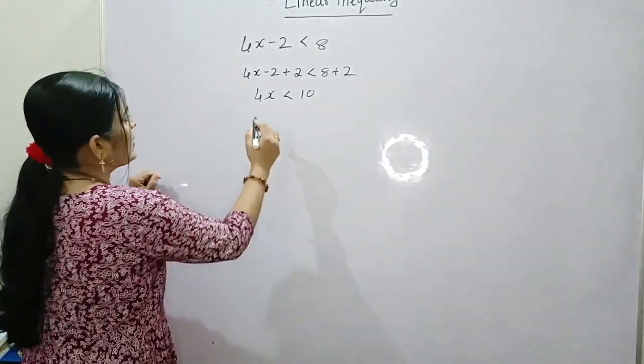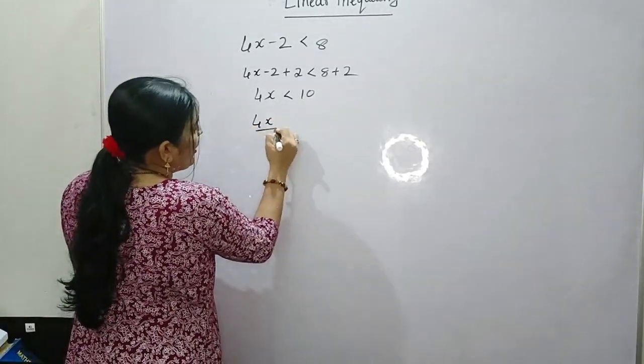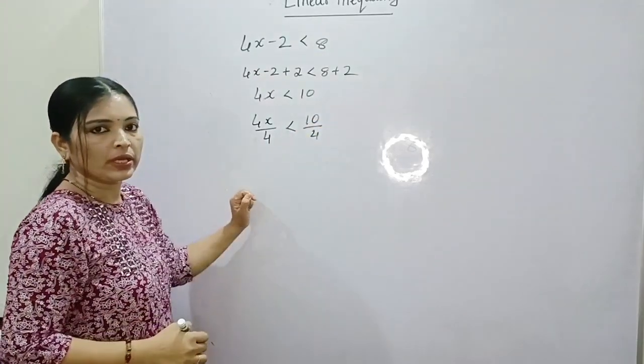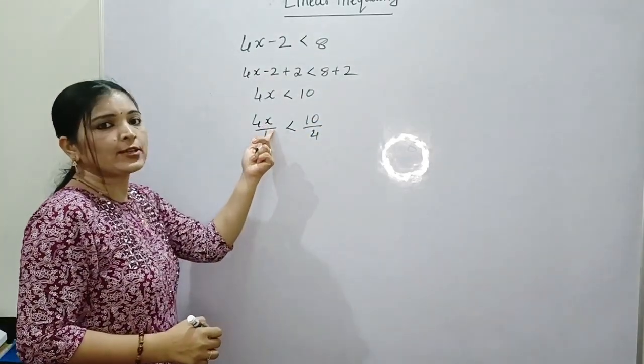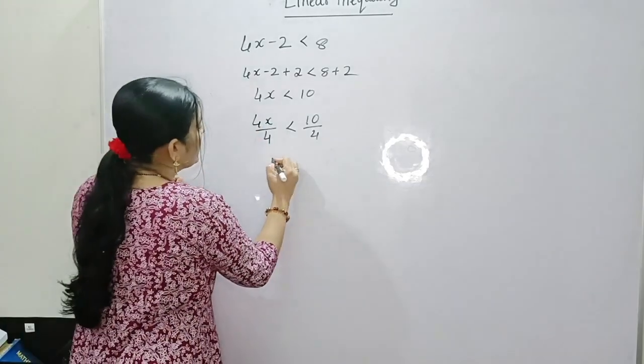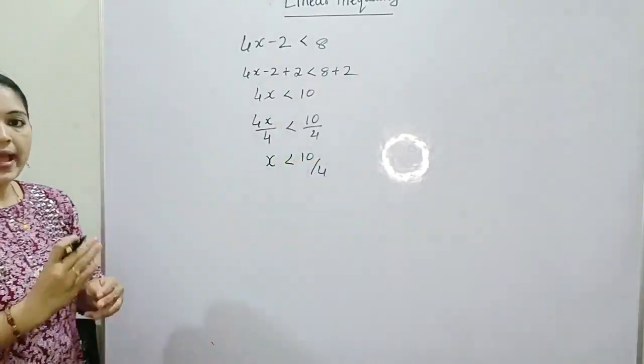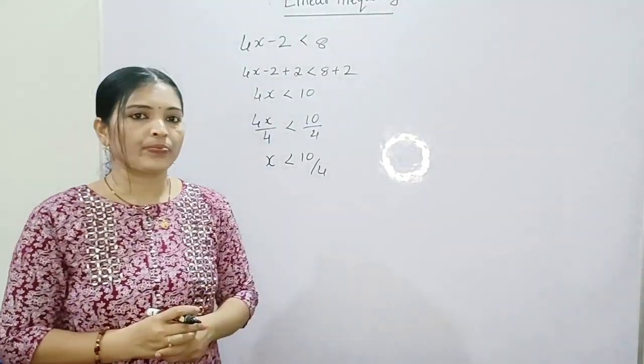That is, 4x divided by 4 less than 10 divided by 4, so that we will get x coefficient 1. Now x less than 10 by 4.